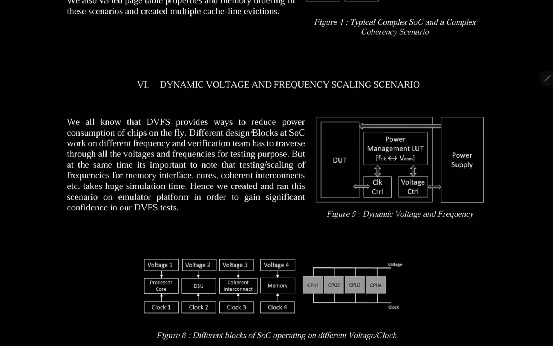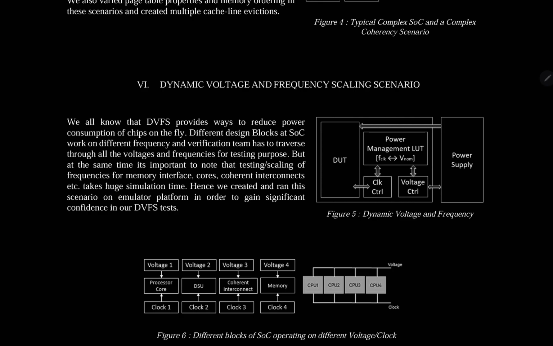Different design blocks at SoC work at a different frequency, and verification teams have to traverse through all the voltages and frequencies for testing purposes. But at the same time, it's important to note that testing scaling of frequencies for memory interface, cores, coherent interconnect, and etc. takes a huge simulation time.